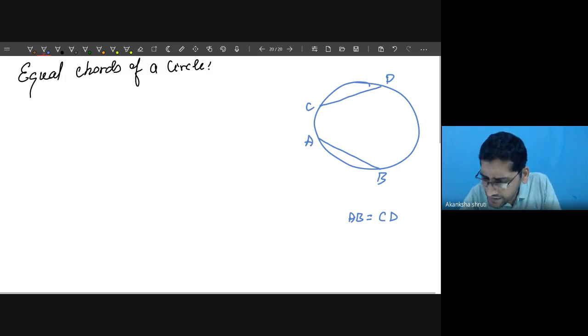Okay, but if we draw the perpendicular from the center to this chord, or the perpendicular bisector of this chord, it will pass through center.